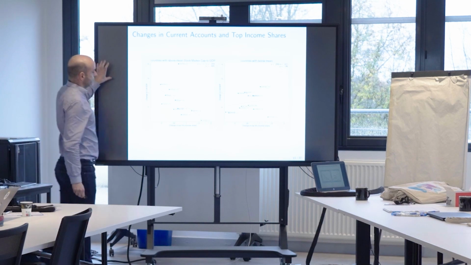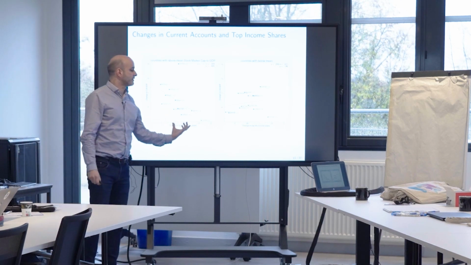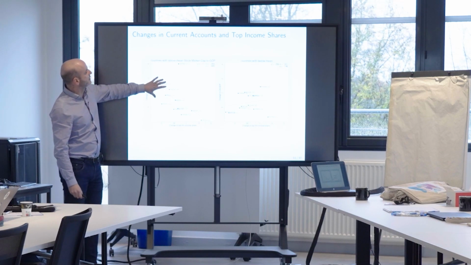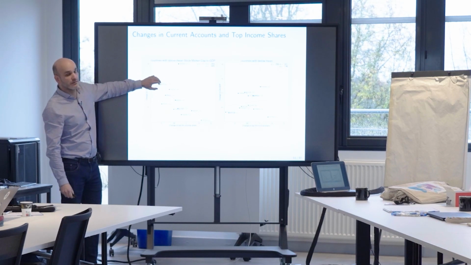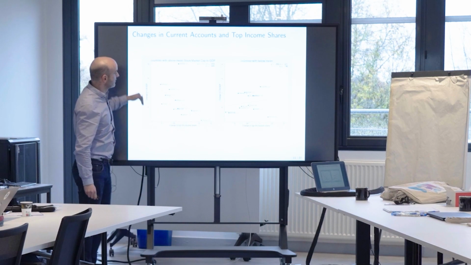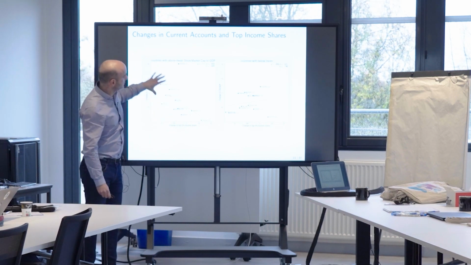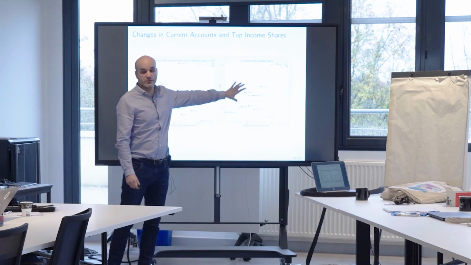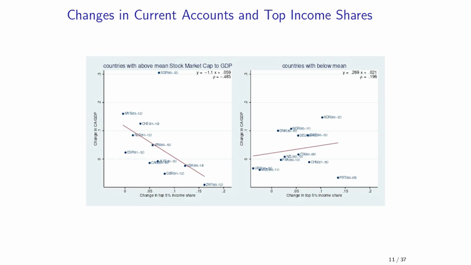So let's look again at the relation between rising inequality and current account, but separate the countries that have big stock markets, so more financial countries, and the other ones. Now it looks like we have a negative relationship for high stock market countries and a positive relationship for the others. The one on the right is consistent with the story I told you: you have more inequality, the rich save more, current account surplus.